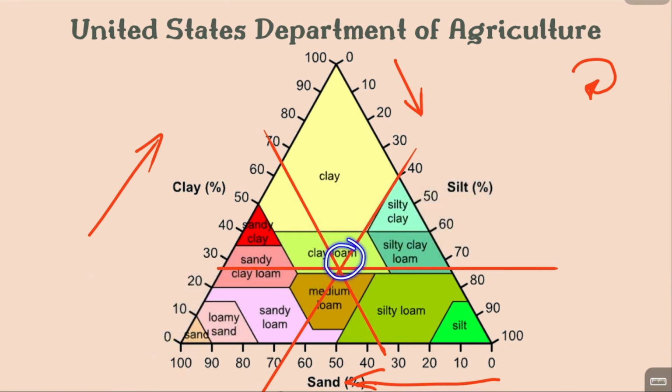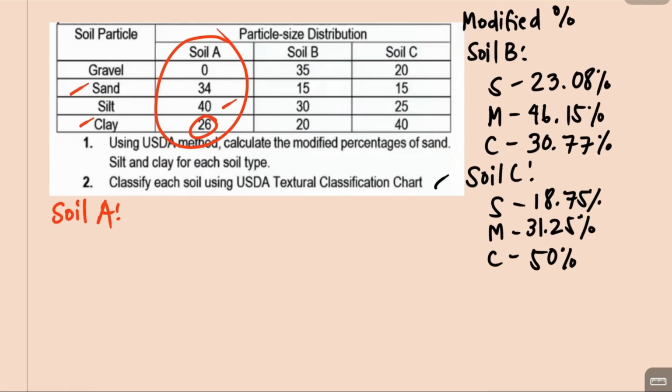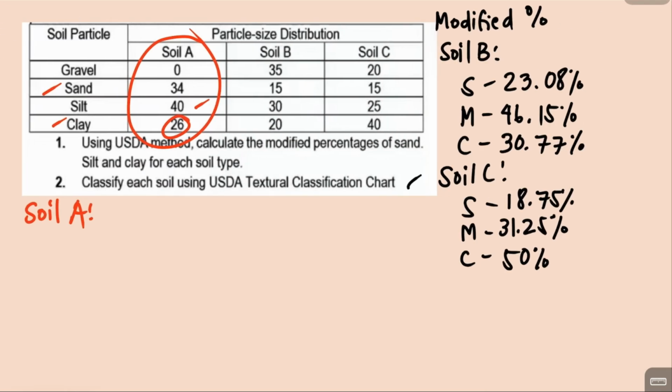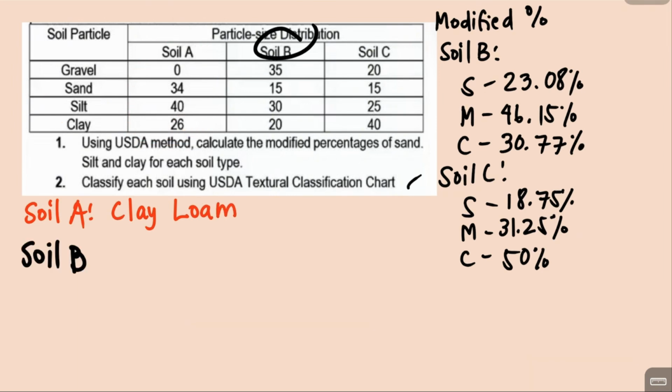The three lines cross at this point, therefore the reading is clay loam, meaning we classify soil A as clay loam.